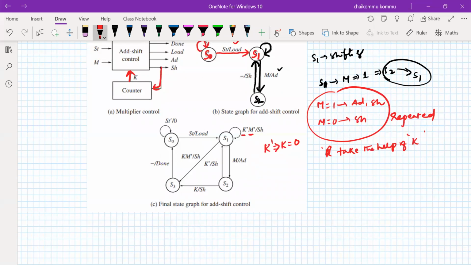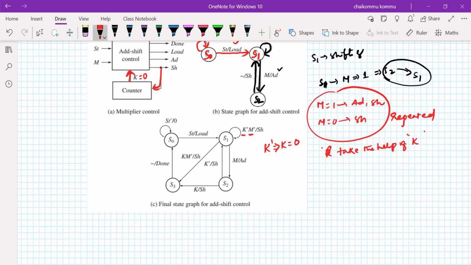So as long as K is equal to 0, it means that it has not reached the maximum count, right? As long as K is equal to 0, addition and shifting should happen, otherwise only shifting should happen. That's what we can do.